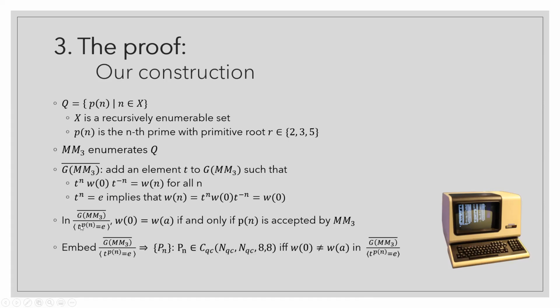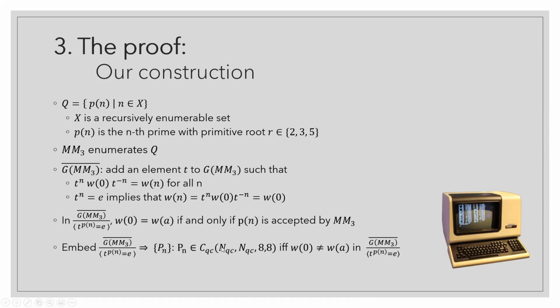Then we can apply the embedding procedure and the self-testing correlation to get a correlation P sub n such that P sub n is in C_qc of N_qc, 8 and 8, if and only if W0 is not equal to W of A inside the quotient group.